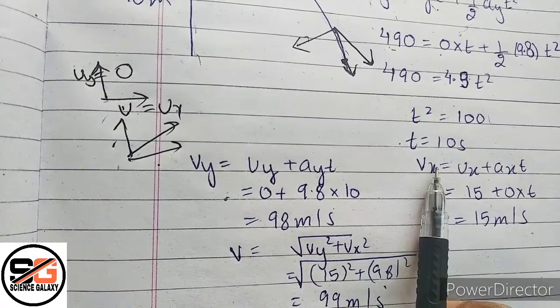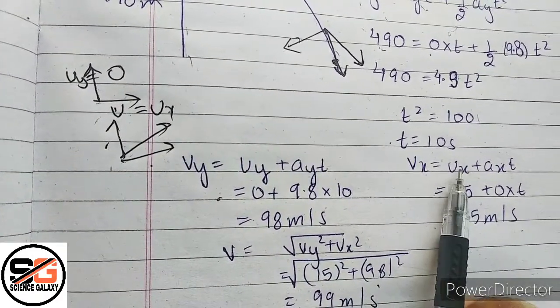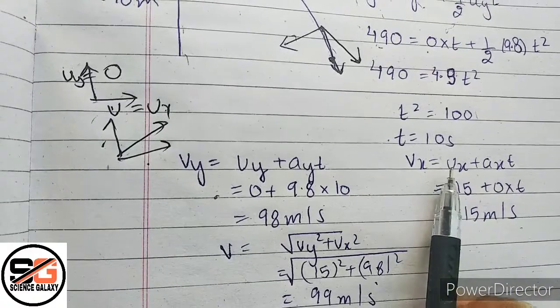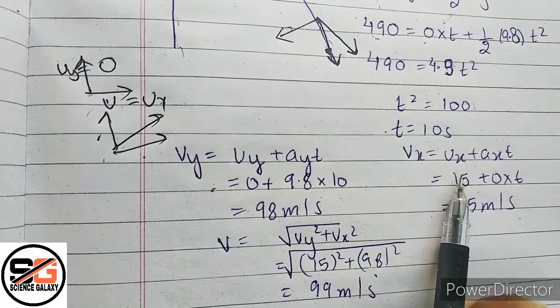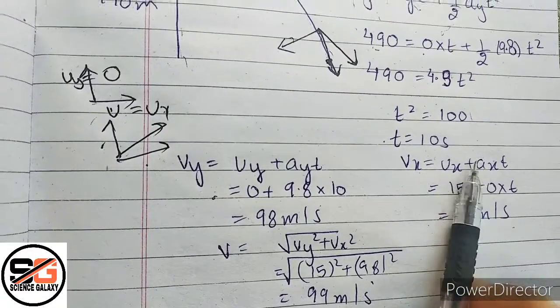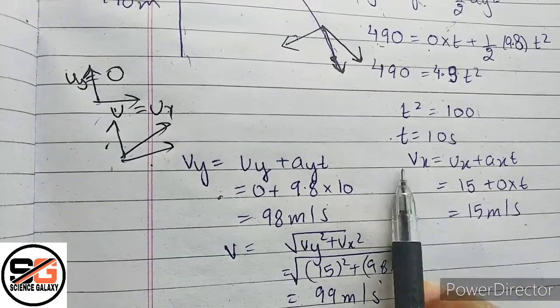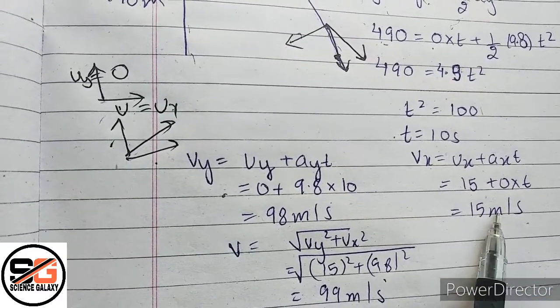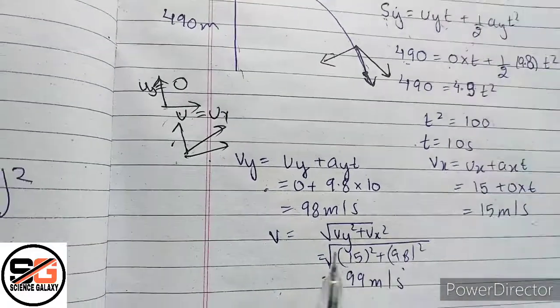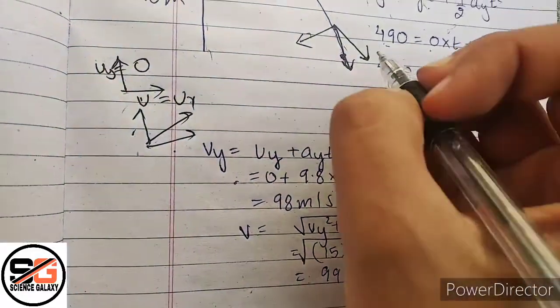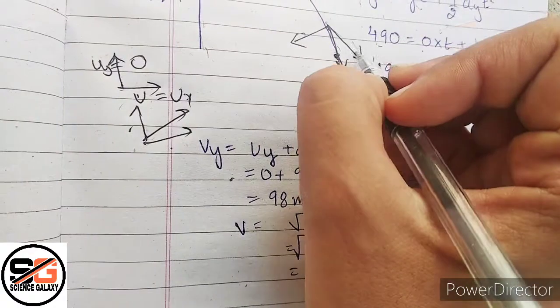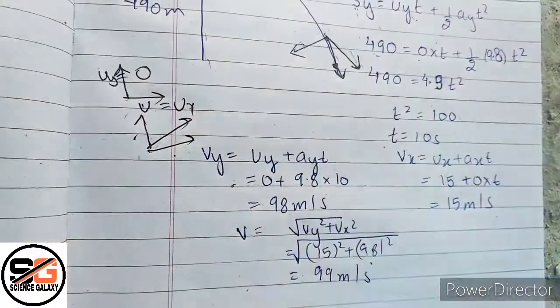Vx, what would be Vx? Vx would be ux plus ax into t. Ux is equal to 15. Ax is equal to 0 into t. Vx is equal to 15 meters per second. Here we have already found this component as well as this component.